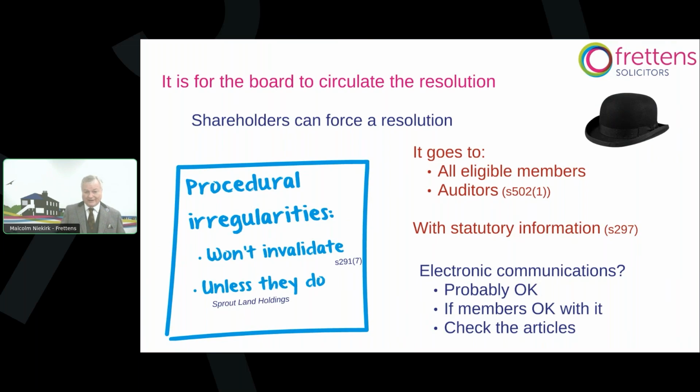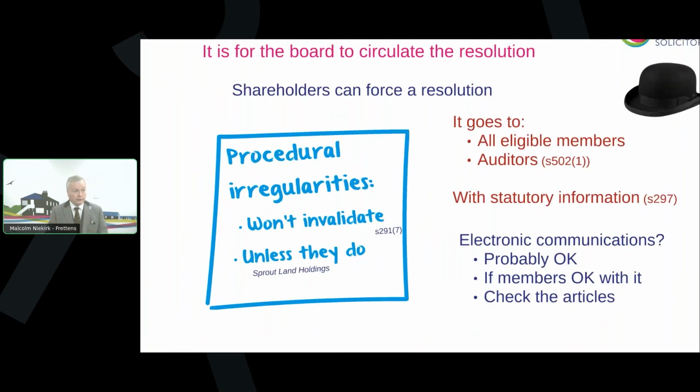The court didn't like the fact that one of the members had effectively been excluded from the decision-making process. It wouldn't have made any difference. They were a minority shareholder. They couldn't have prevented it. Nevertheless, the court said the correct procedure has not been followed. Therefore, we will treat the resolution as not properly passed, which is a warning to us all.